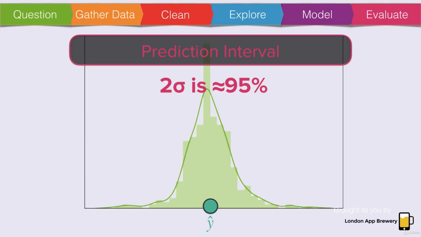Then we would use 2 standard deviations either side. And this means taking our prediction and adding 2 times the root mean squared error to it for the upper bound and subtracting 2 times the root mean squared error for our lower bound on our prediction. And that's how we get the range.